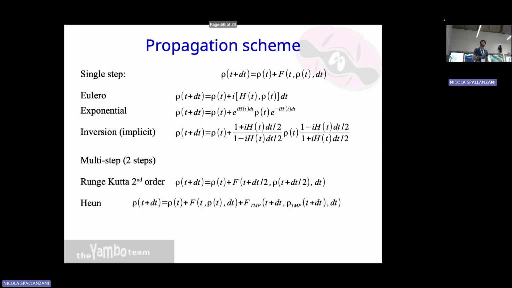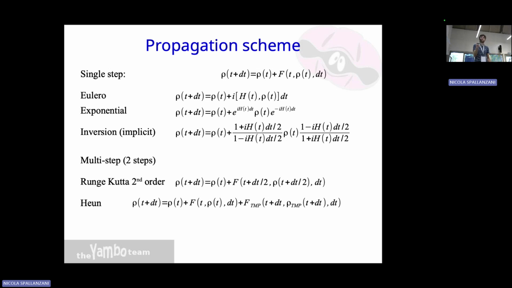And then you can also have a multi-step propagator, for example, where first you take the density propagated to time t plus dt. Then you take this over time, in this case t plus dt divided by 2. Then you use it to construct the function at t plus dt divided by 2. You get this and you propagate again.